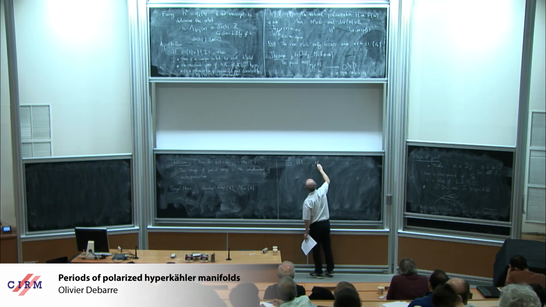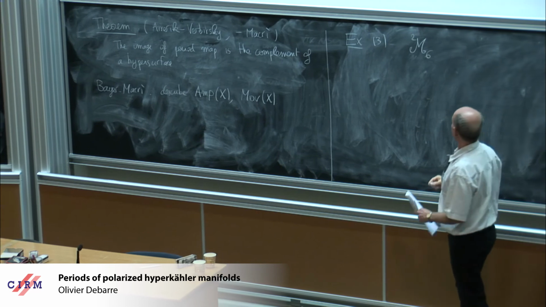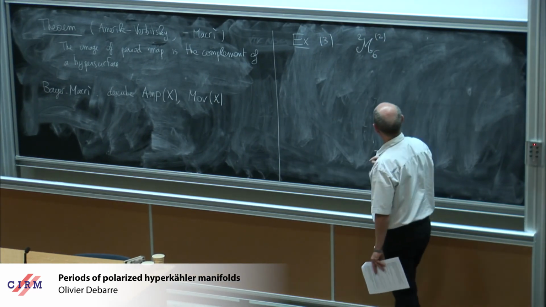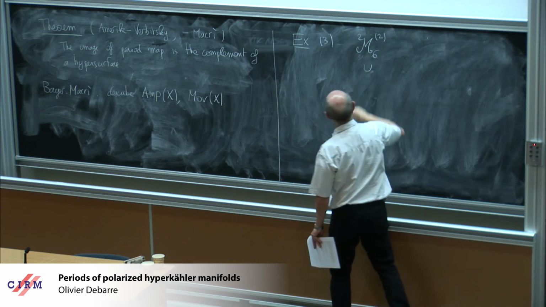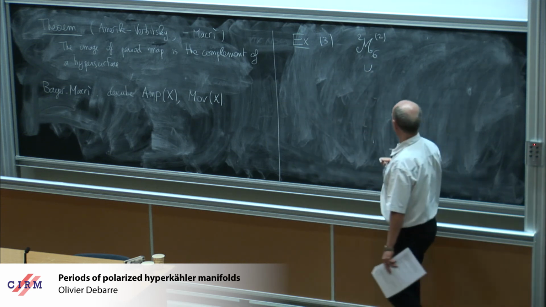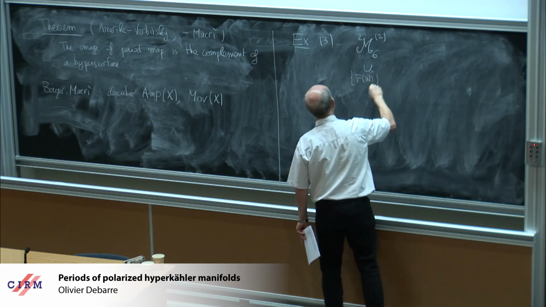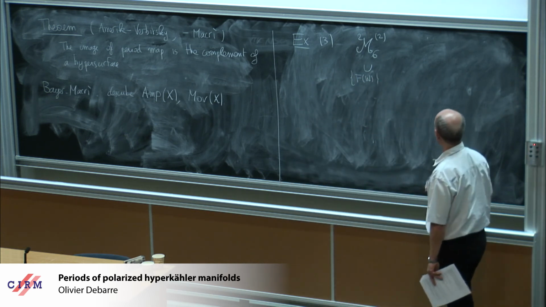I'm looking at hyperkähler fourfolds with a polarization of degree 6 and divisibility 2. This contains, as an open set, the set of varieties of lines on smooth cubic fourfolds.